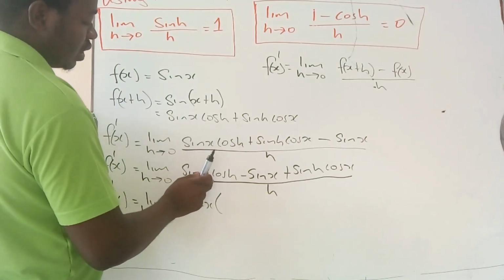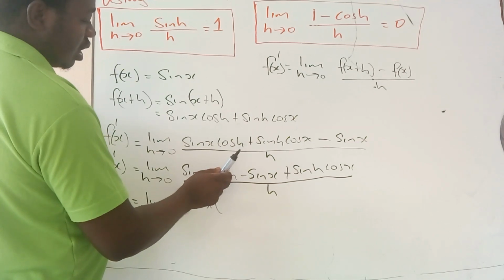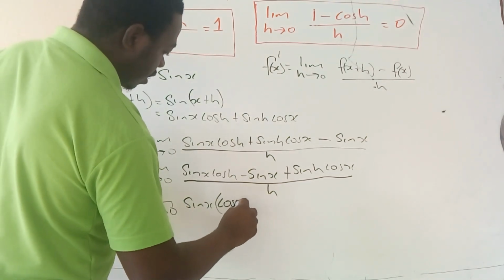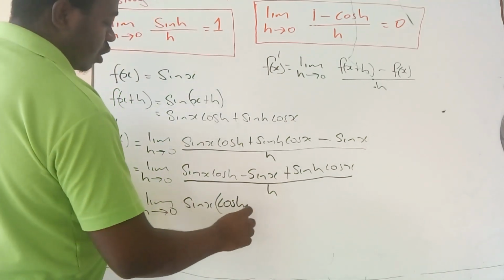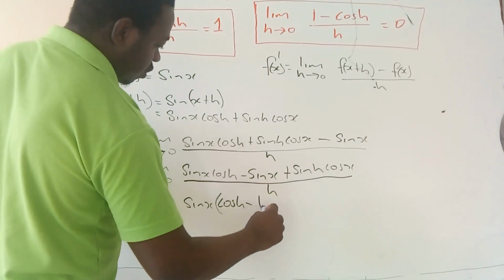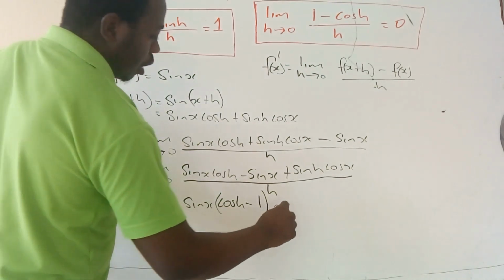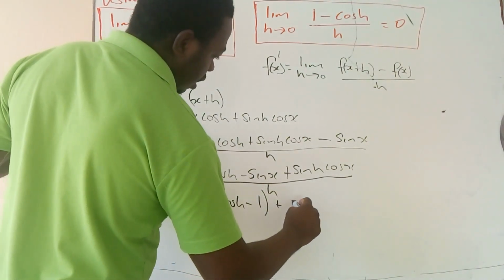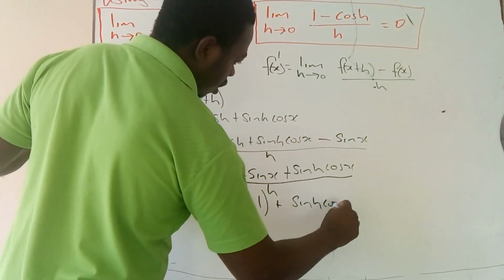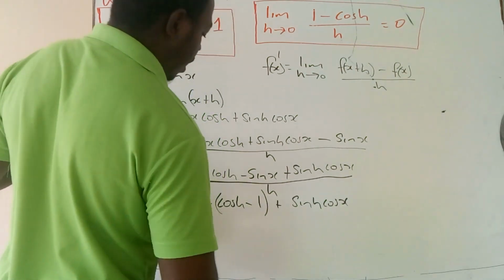All you will be left with is cos h, because sine x will cancel out sine x. Minus sine x divided by sine x, that's just 1, so that's minus 1, all of that in bracket, plus sine h cos x.